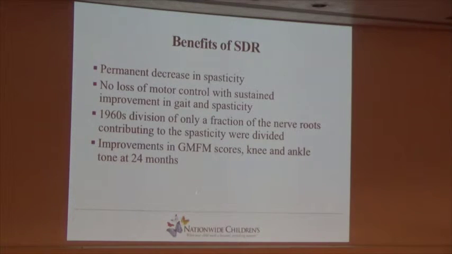Now, SDR causes a permanent decrease in spasticity, with sustained improvement. Some of the earlier studies did show it provided only a fraction of the benefit, and they said, well, it didn't work, and so obviously selective dorsal rhizotomy doesn't work. However, as some of the other studies have shown, there's a direct proportionality between improvements in outcome, reduction in spasticity, and the amount of nerve roots that you end up dividing.